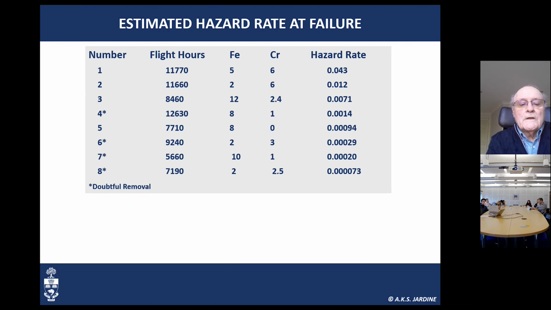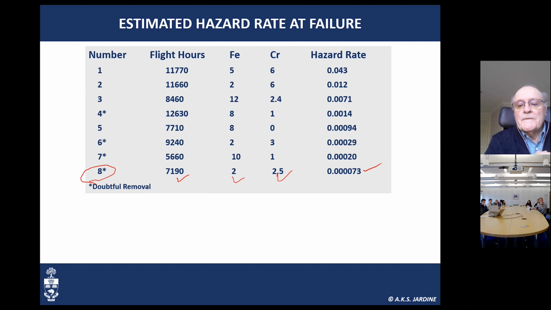But I had similar data for the other 8 engines. Now, what was exciting to us as researchers was look at engine number 8. It was removed from service when it was 7,190 hours old. At the time of removal, the iron was 2 parts per million. The chrome was 2.5 parts per million. And when we combine these 3 numbers, we get an estimate of the risk of the item failing in the next flying hour. And the risk of failure in the next flying hour was really quite small.